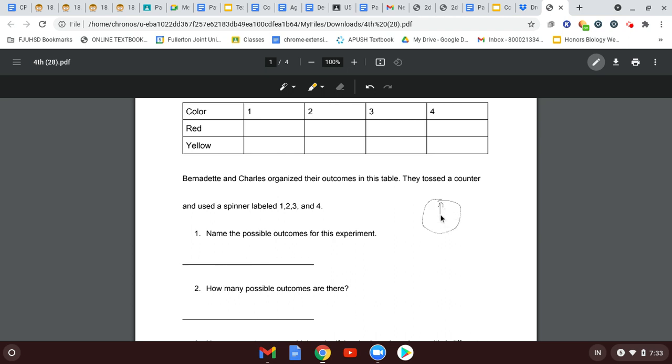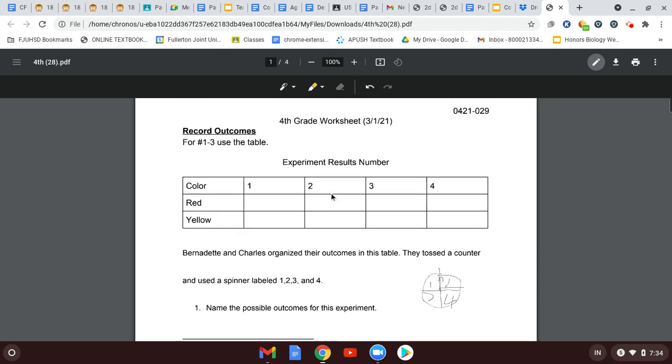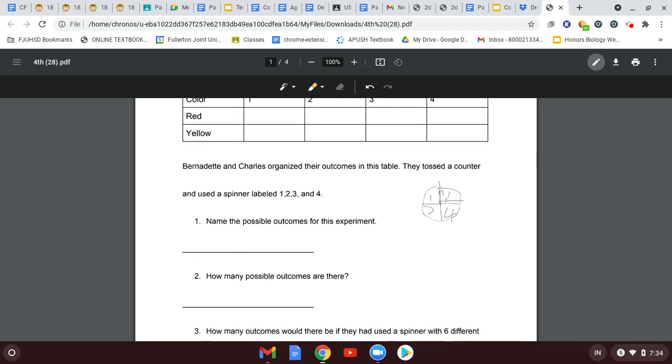And there would be 1, 2, 3, and 4. So say for example they have a color.